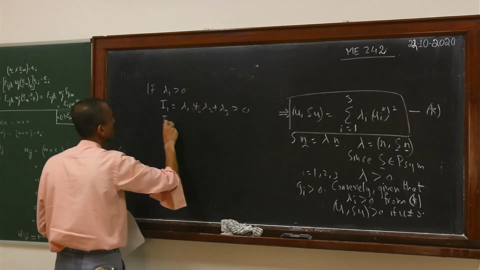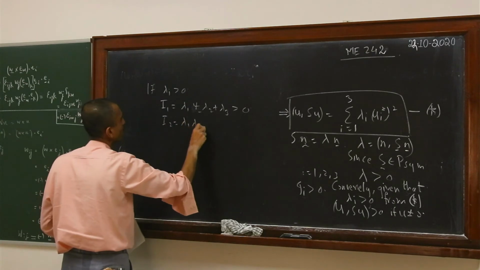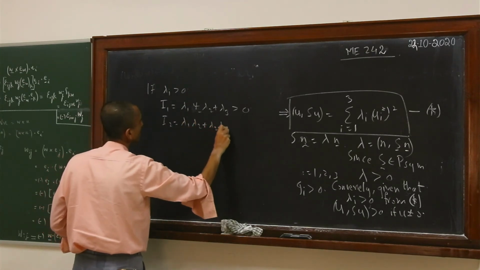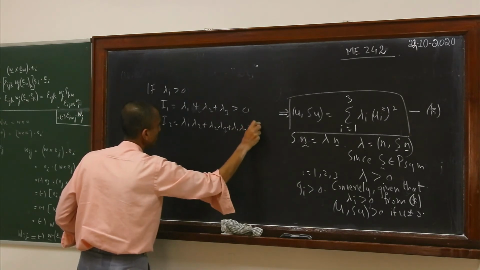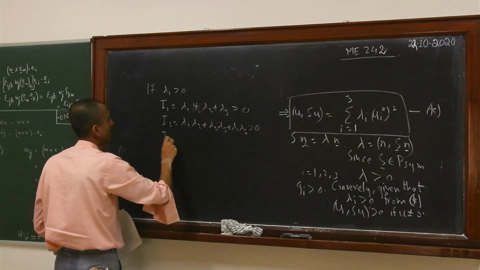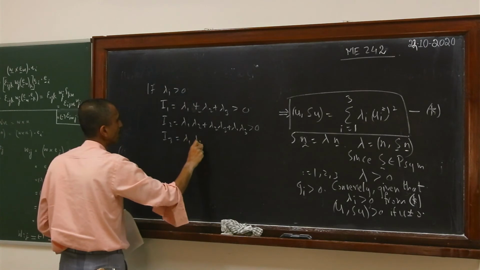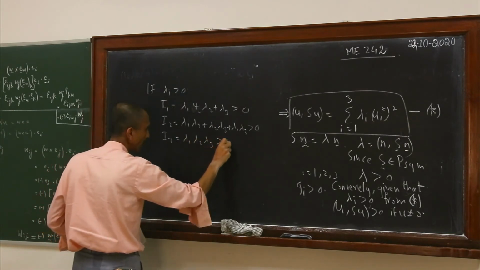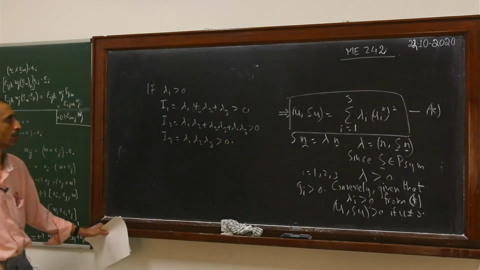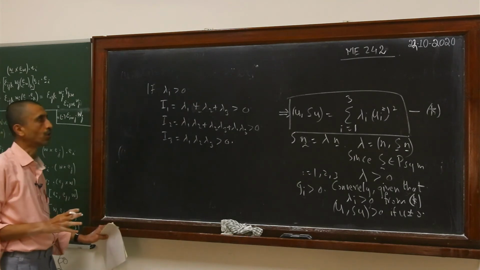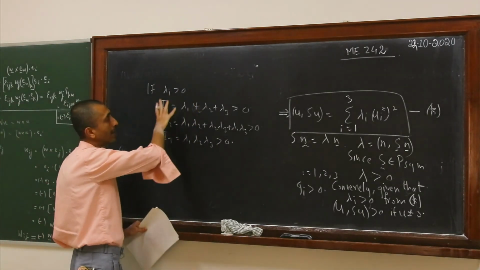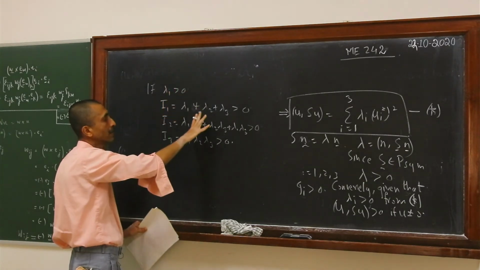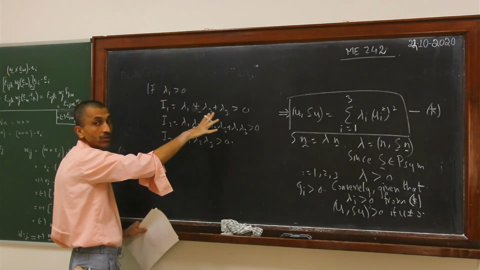And I2, which is equal to lambda 1 lambda 2 plus lambda 2 lambda 3 plus lambda 1 lambda 3, is also greater than 0. And your I3, which is equal to lambda 1 lambda 2 lambda 3, is also greater than 0. So what we have shown is that if the tensor is positive definite, then the eigenvalues are positive and hence the principal invariants are also greater than 0.